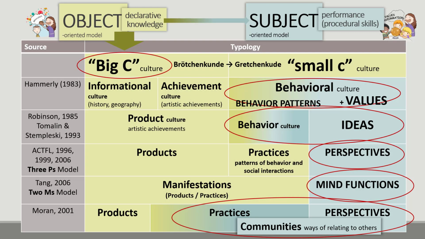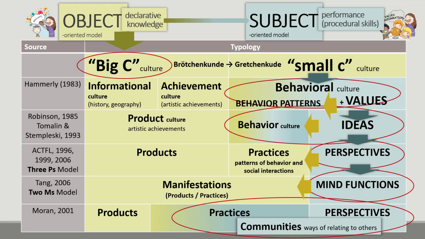The concept of behavioral culture was raised from the concept of small c culture and gradually evolved into perspectives or ideas associated with practices, behavior patterns, and verbal and nonverbal languages.